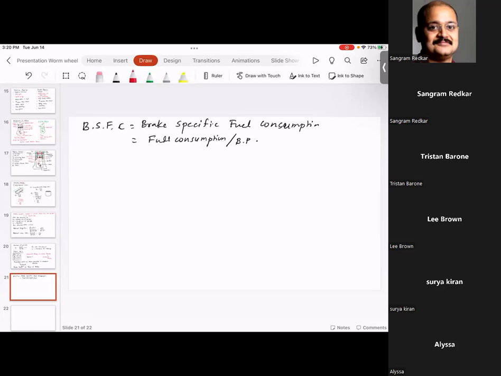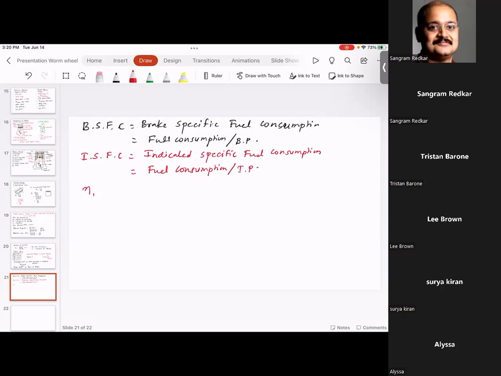And we have ISFC, which is indicated specific fuel consumption, which is fuel consumption divided by indicated power.